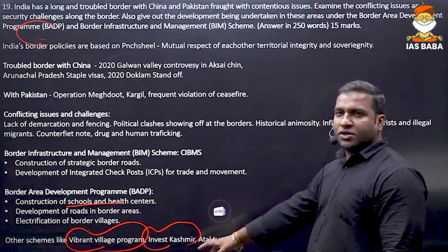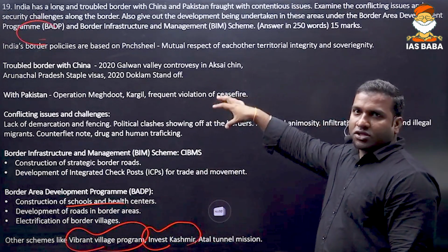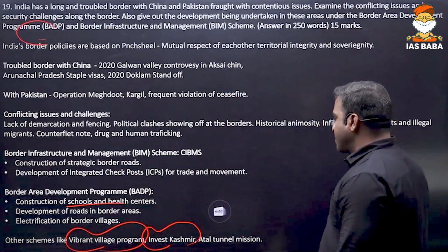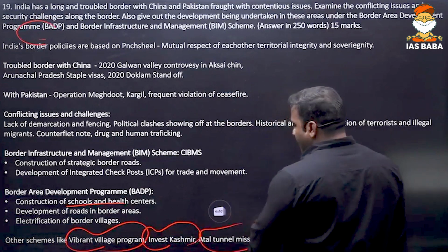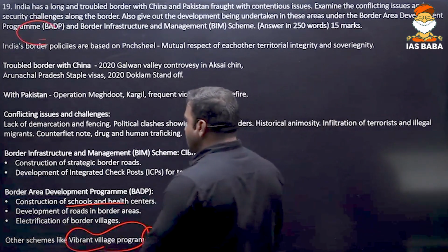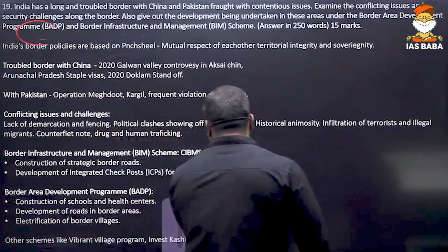And invest in Kashmir, so that if you develop the border states, terrorism and drug peddling will not happen, and overall infrastructure in those states, Atal Tunnel Mission, all those we can mention here.